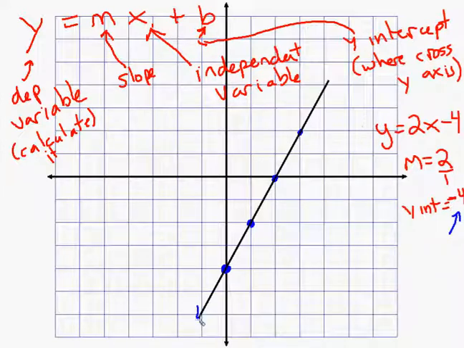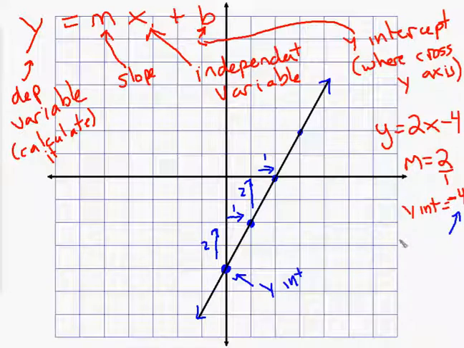Make sure I put an arrow on it. And notice I have all the parts. Here's my y-intercept, and I used my slope: up 2, right 1. Do you see how I got that?